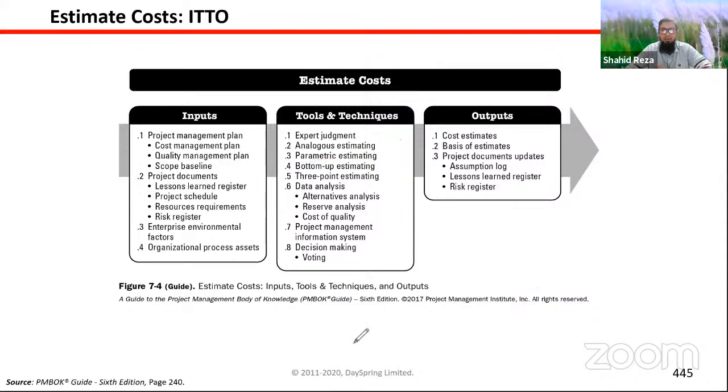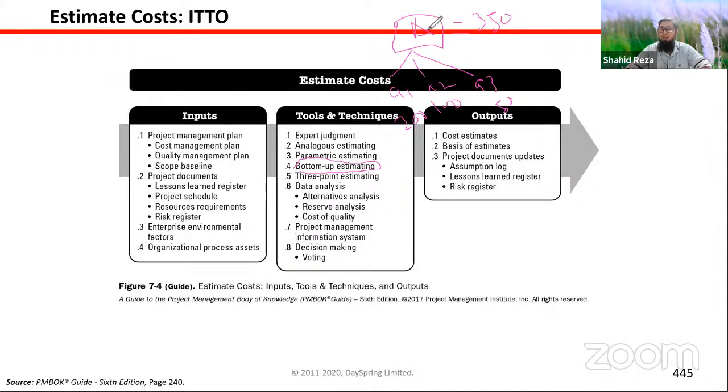And bottom-up estimating, that I also mentioned. If a big chunk of task A, you cannot calculate the cost of this task, then you can break this task into smaller components again. Say it is A1, A2, and A3. Then try to calculate the cost for A1, A2, and A3. For example, if it takes $50, $100, and $200, the total cost for this A activity will be $350.